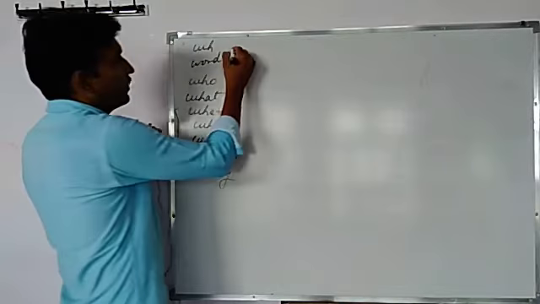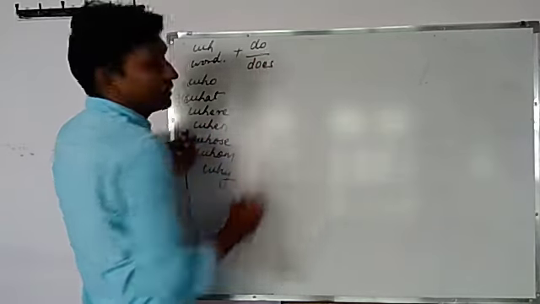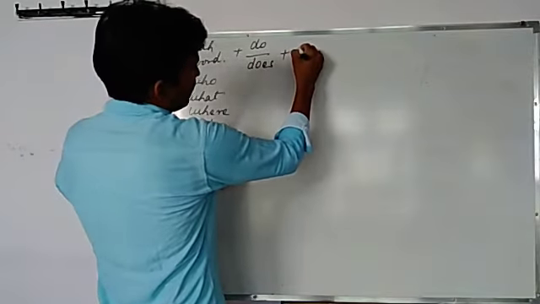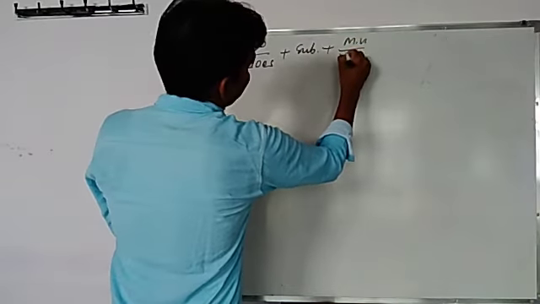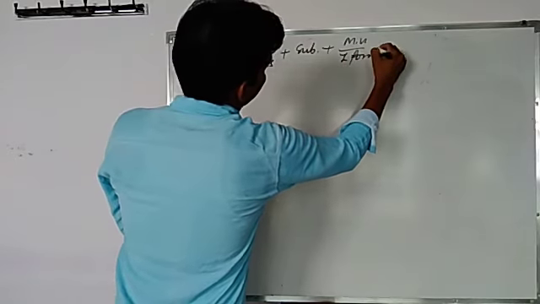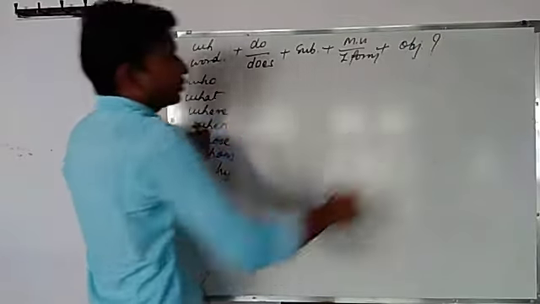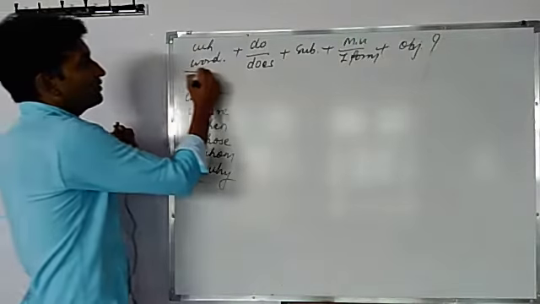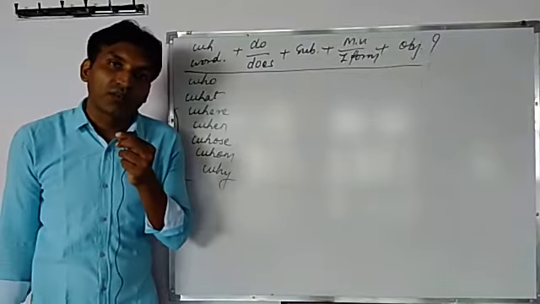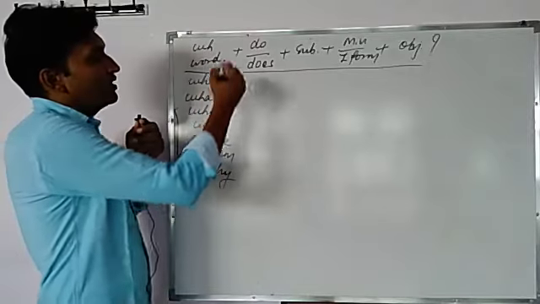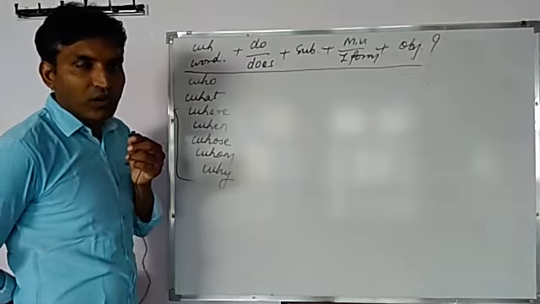Now the formula is WH word plus do or does, then subject, and then the first form of the main verb, and then object and question mark. So this is the formula for framing WH interrogative sentences of present simple. WH word, do, does, subject, first form of the main verb plus object and question mark.